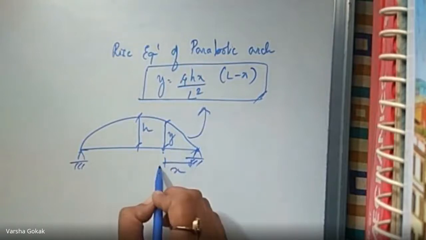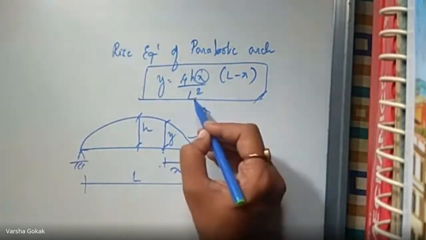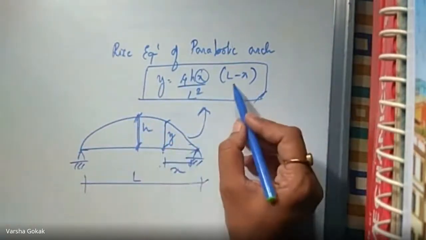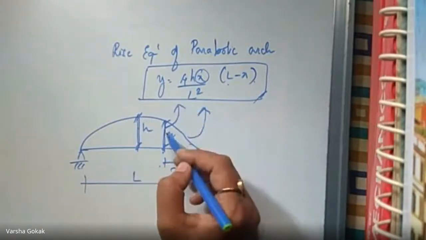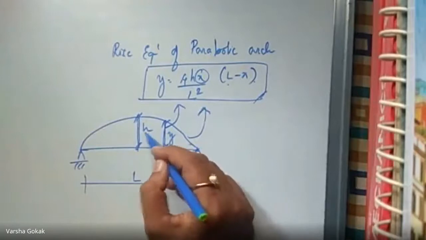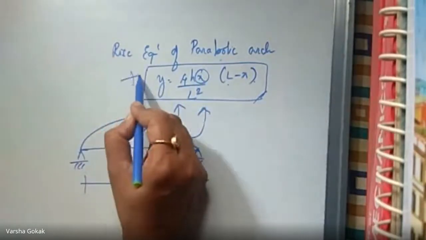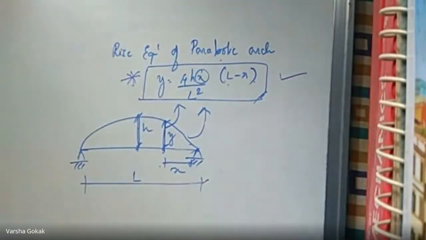This is the x distance which I have to input, L is the total span, h is your total rise, and then L minus x. So we would be able to find this height at any section point in a parabola using this equation. Today we will make use of this equation while solving the numericals. That is one of the important equations that you have to keep in mind.